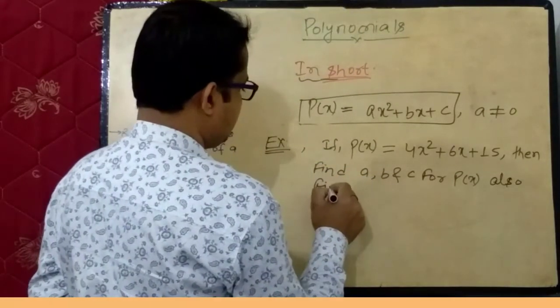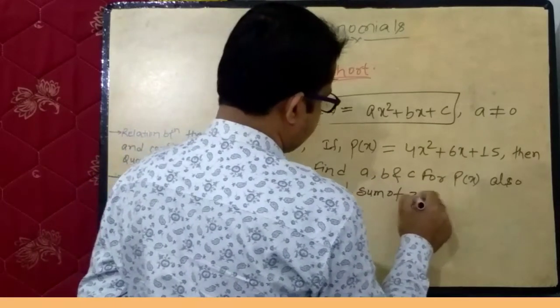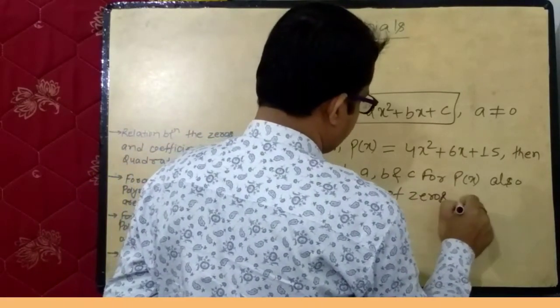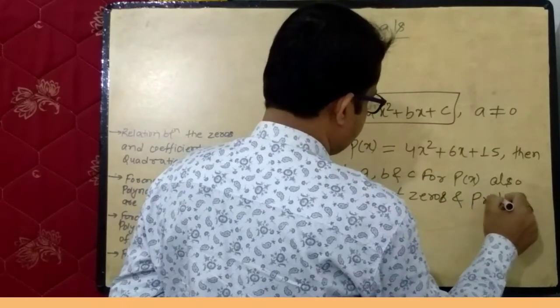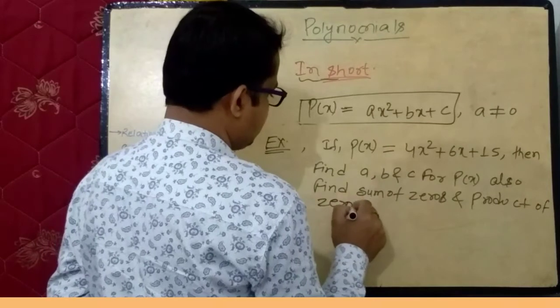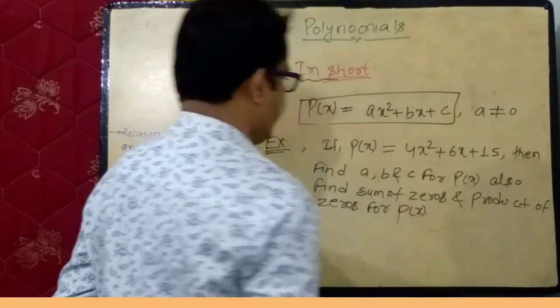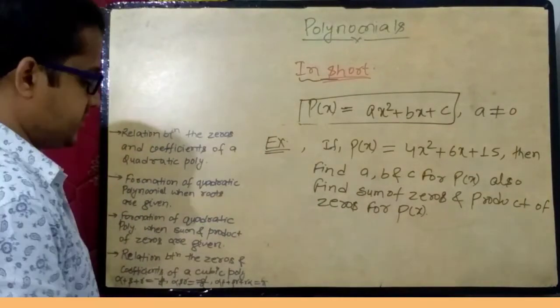Also find the sum of zeros and the product of zeros for p of x. Read this question carefully.